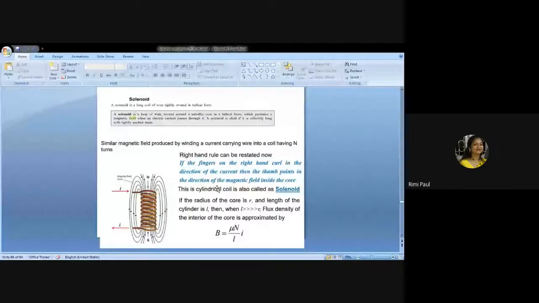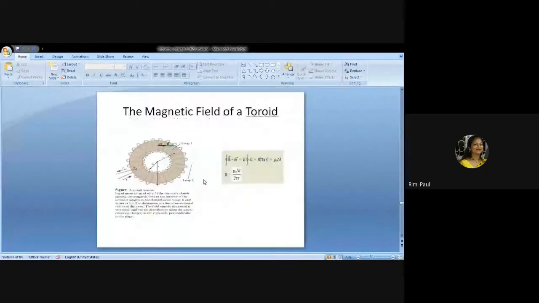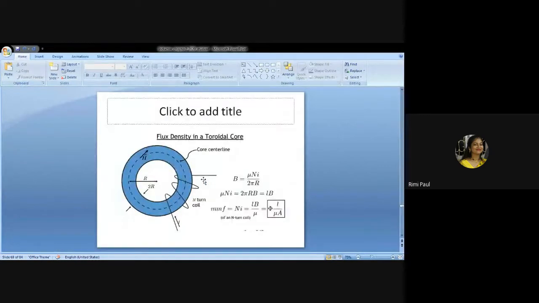I have already discussed the solenoid, so I am not going through this. This flux density you can find out for this toroidal core using Ampere's law.